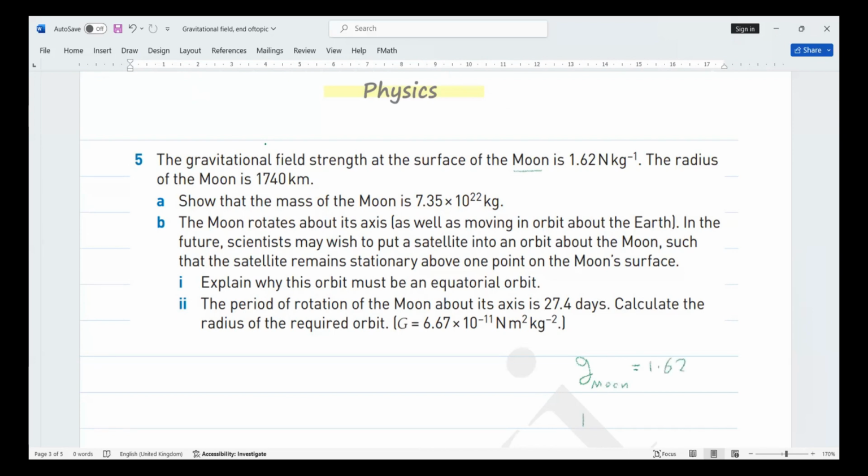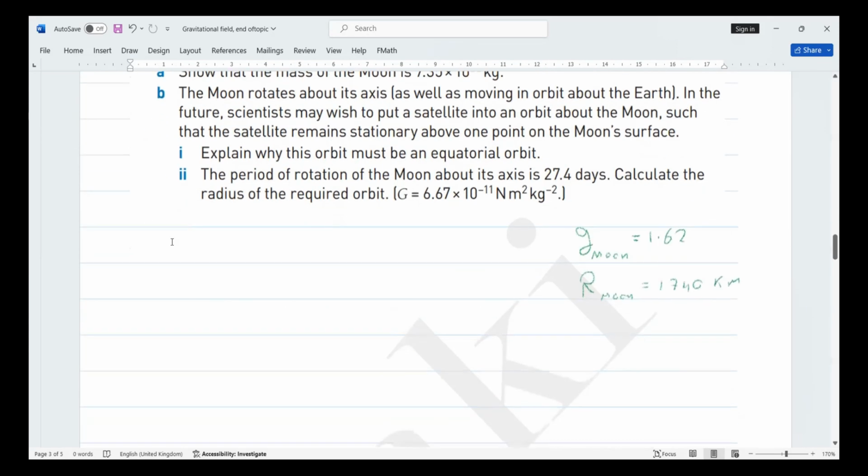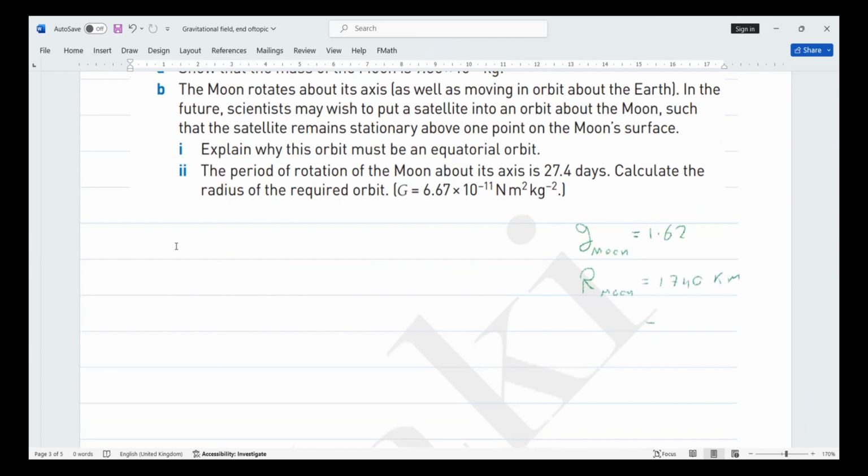The radius of the moon, so this is R capital, is 1740 kilometer. This radius must be in meter, so we convert to meter. We multiply by 10 power 3. The answer in meter is 1.74 multiplied by 10 to the power 6 meter. This is the radius.